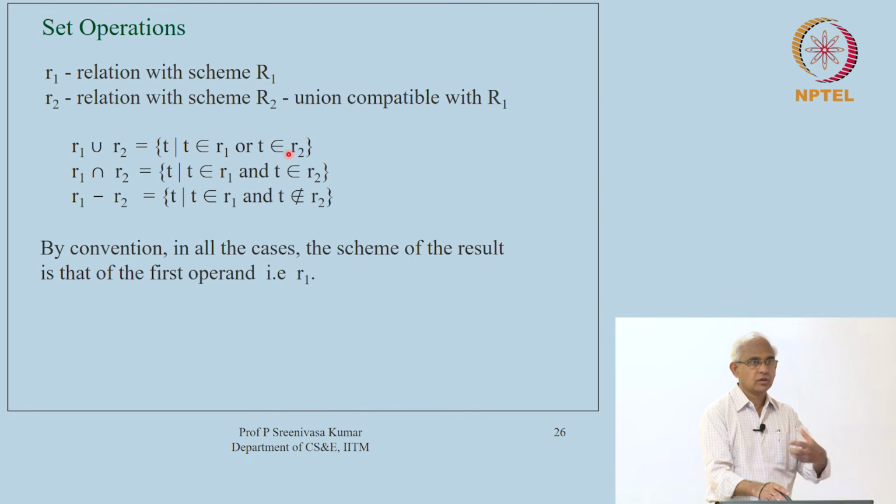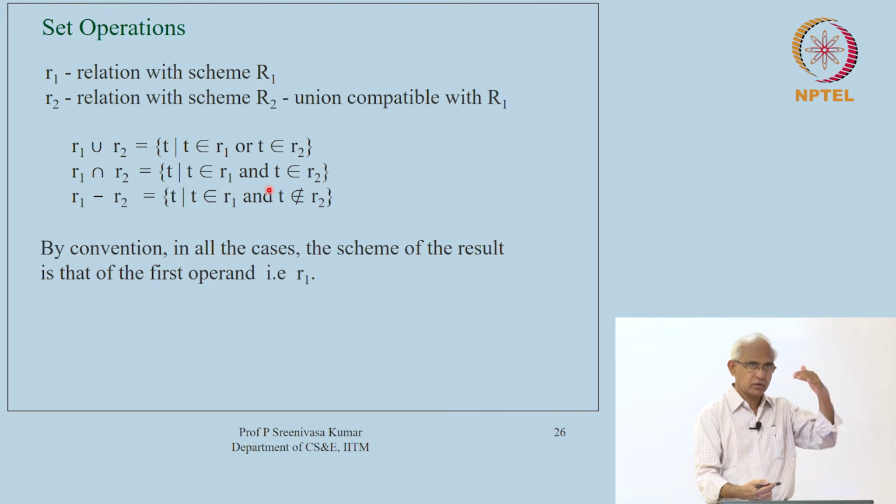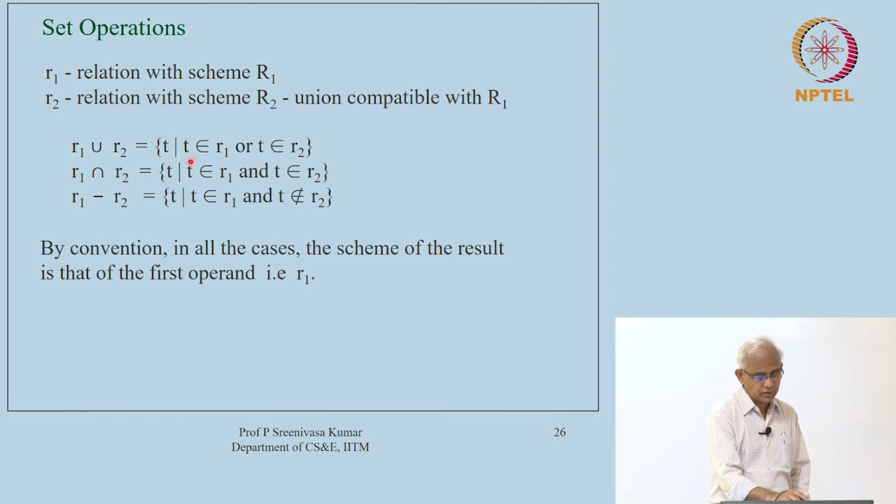Take the tuples that belong to either one of them and take the whole set together. It is possible that some tuple exists both in R1 as well as in R2, in which case obviously only one instance will exist, because it is a set and should not contain duplicates.